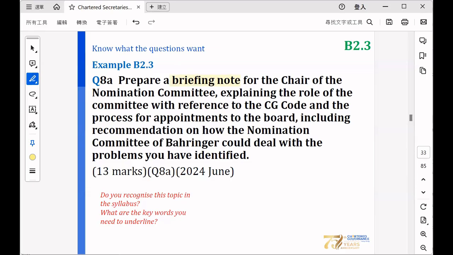Now, as I've said earlier, if your answer is according to the requirement and is set out in the form of a briefing note, you may be given 1 mark for that. You may say, okay, it's just 1 mark, I don't care about this, then you can write in whatever format you like. But sometimes 1 mark is very important in some cases.